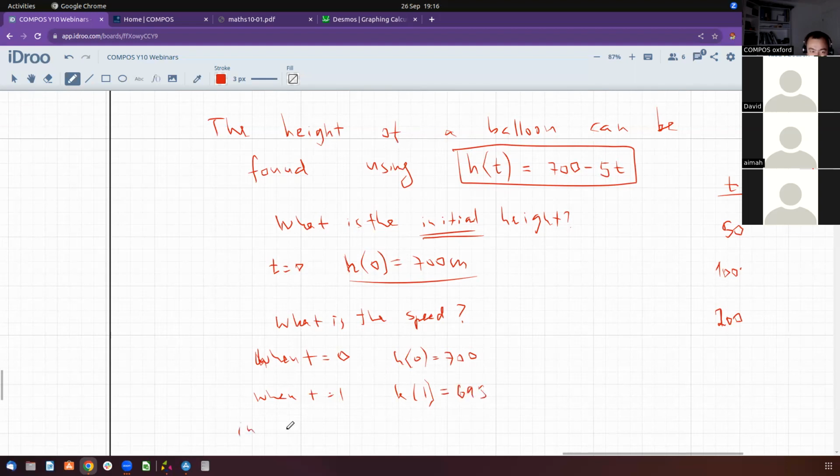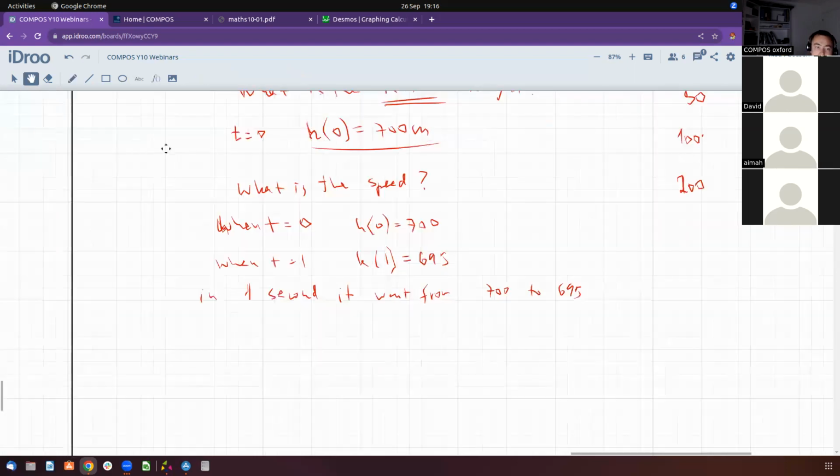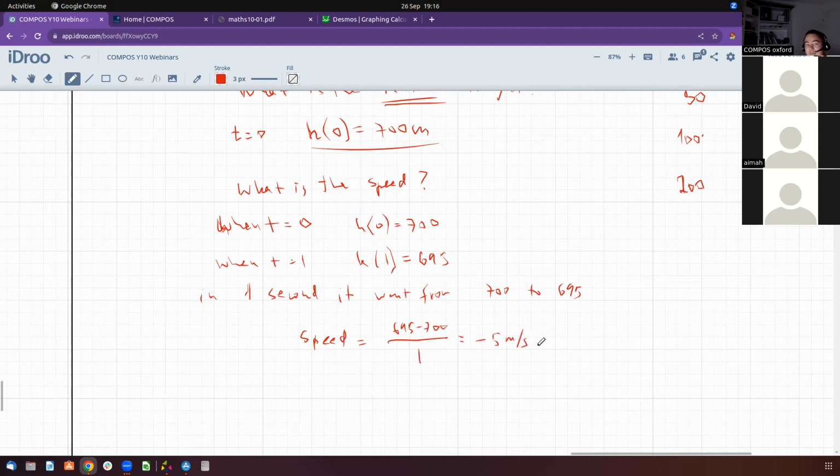So in 1 second, it went from 700 to 695. What's the speed? Well, the speed is 695 minus 700 divided by 1 second, which is minus 5 meters per second. That's how you find the speed.